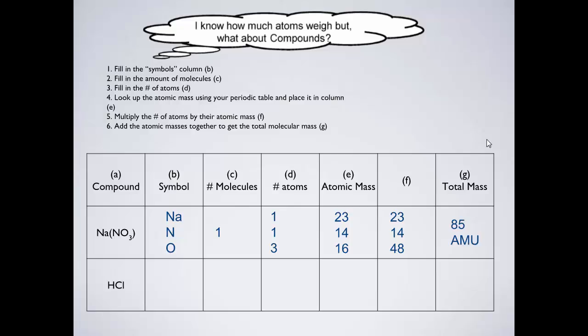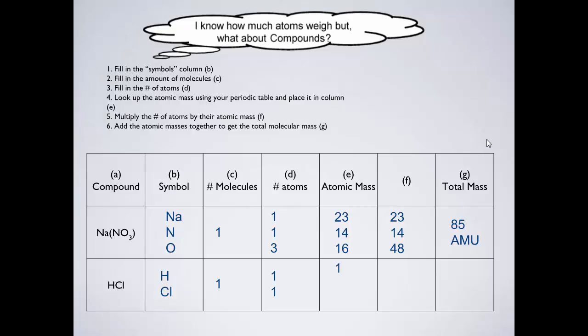HCl, I don't know why I even have this up there. Too simple. Well, 2 elements, hydrogen and chlorine. How many molecules? What are the subscripts? 1, 1. Atomic mass of hydrogen? 1.